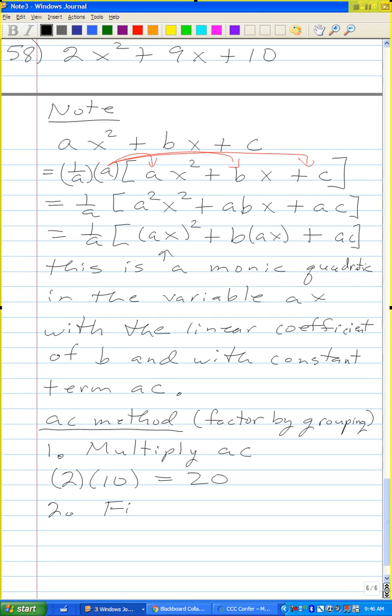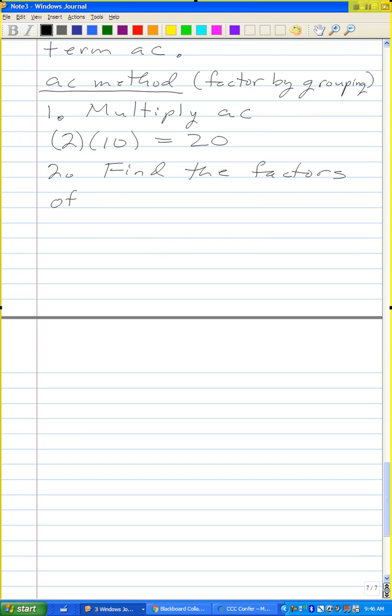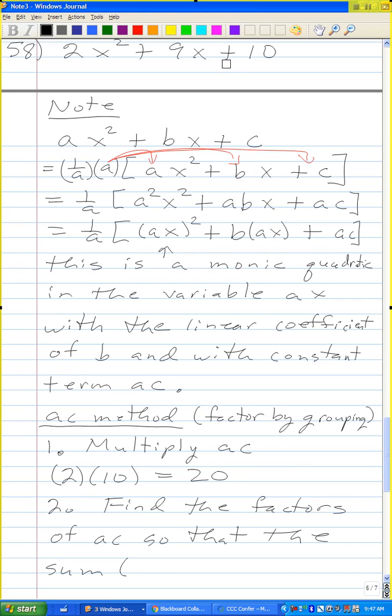Okay, next, find the factors of AC so that the sum, if this term is a sum, then it'll be the sum. And if this term here is the subtraction, there'll be the difference.